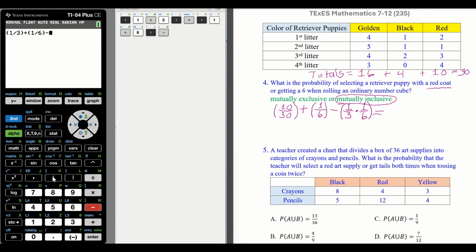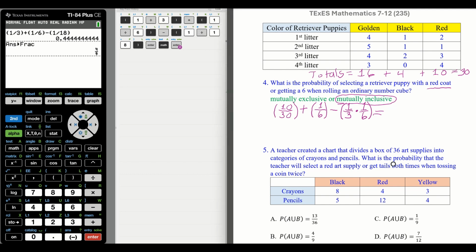Minus, I can go ahead and multiply those together, and that's going to be 3 times 6 is 18, so that is 1 divided by 18, 1/18th, and we push enter. That's a nice repeating decimal, but let's get our fraction. Okay, 4/9, and that is correct.